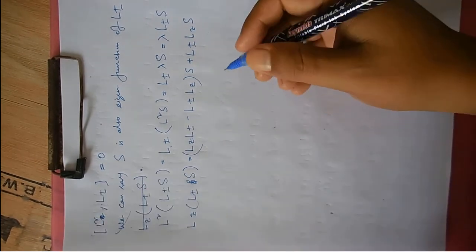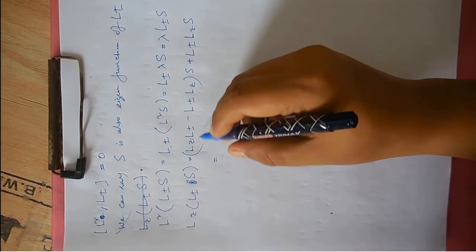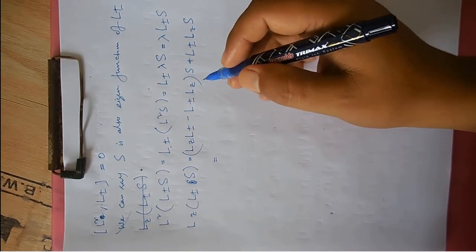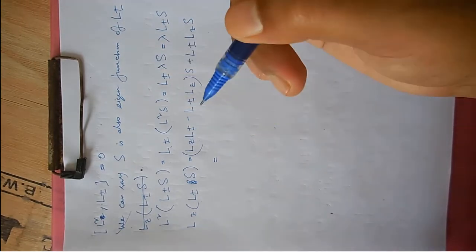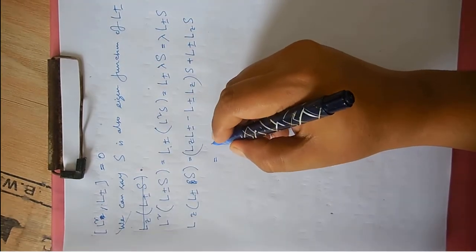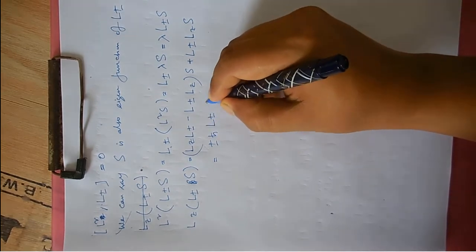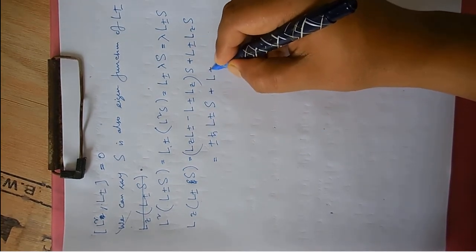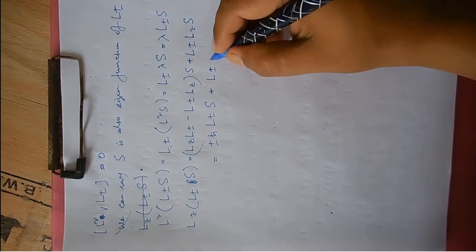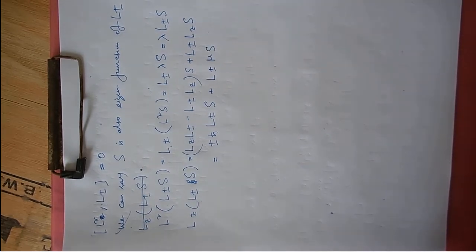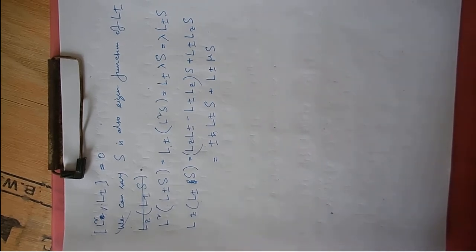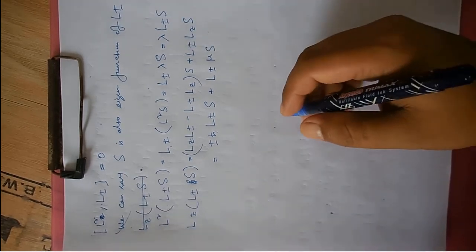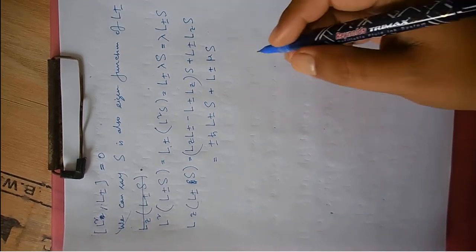From there you can understand that this is actually the commutation relation of Lz with L plus minus. So I can write this as plus minus h-cut L plus minus S, plus again L plus minus Lz on S, which we have already defined as mu.